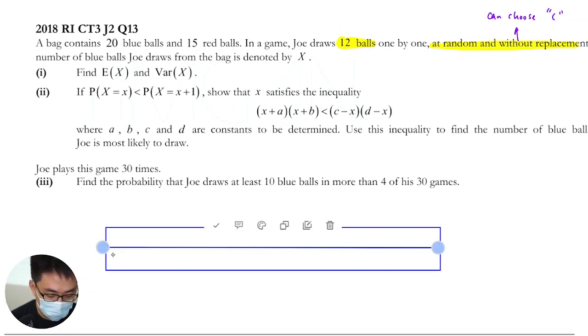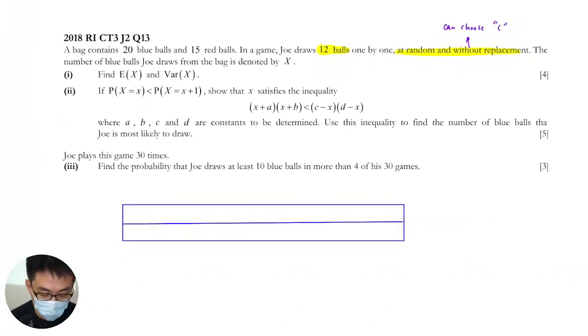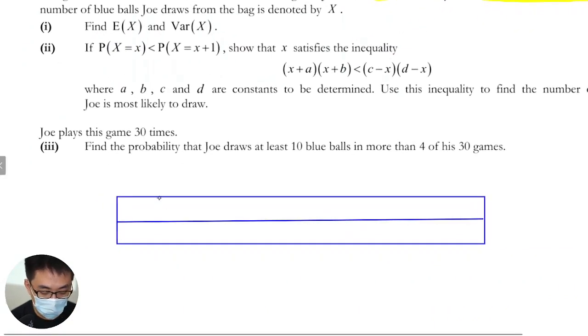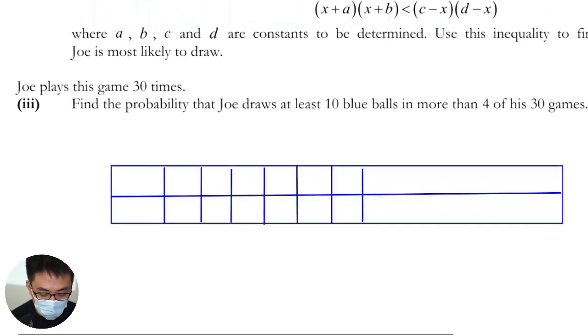Let X be the number of blue balls, which they already defined for you. Usually they define the easy part for you so you don't lose marks by defining. So essentially what you're doing is P(X = x).